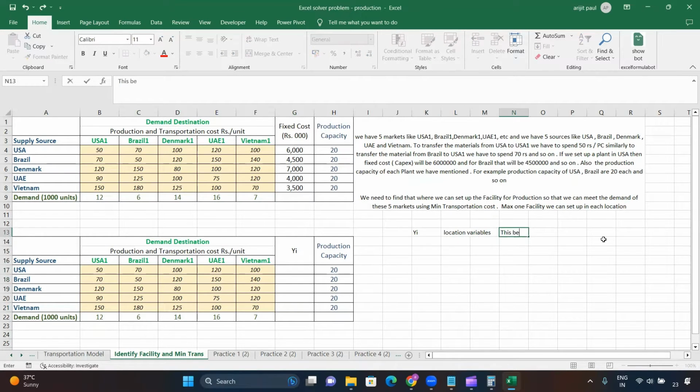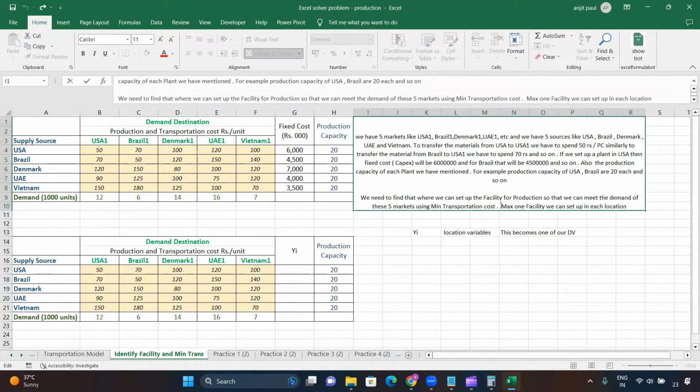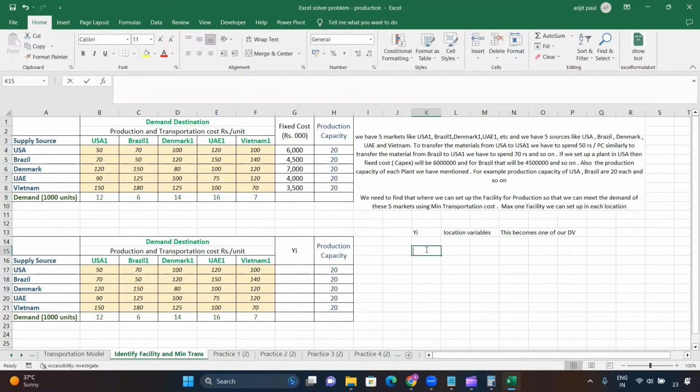So this becomes one of our decision variables. And if you see in the last line, we have mentioned maximum one facility we can set up in each location. That means we can say the values of yi are binary.